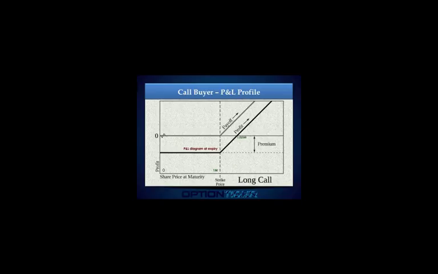Anything between $1 million and 1.025, we've seen that the buyer will still have a loss. It's not going to be a max loss for him, and the seller will still have a profit, but it's not going to be the maximum profit.